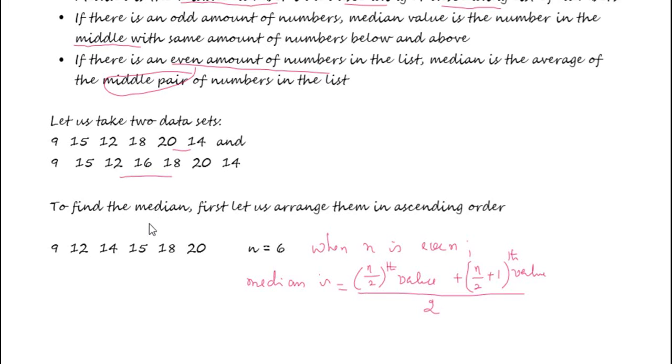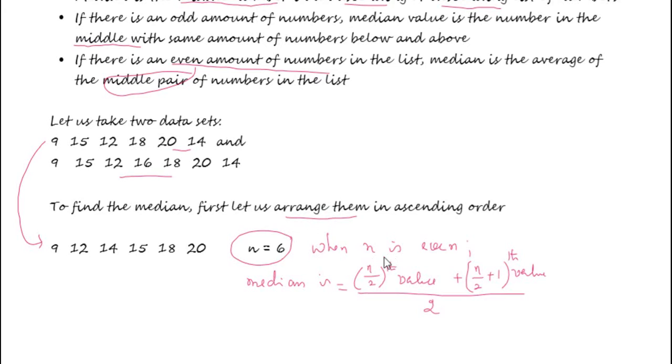Before calculating the median, first we need to arrange them in ascending order. Now the first set I have arranged here in ascending order. Here the number of data points is 6, n equal to 6.